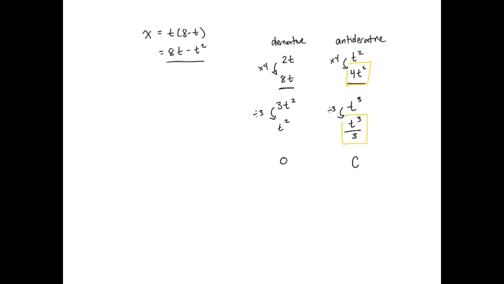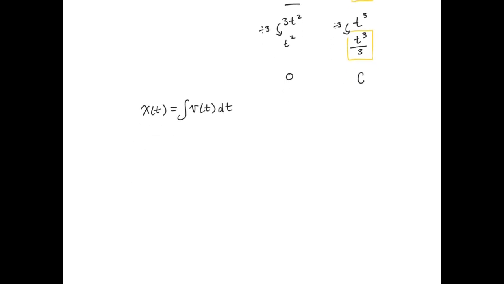So if I rewrite this in proper notation, we have our function x of t is equal to the integral of our velocity function v of t with respect to time. So now if I plug in the value of this, we have x of t is equal to the integral of 8t minus t squared dt.